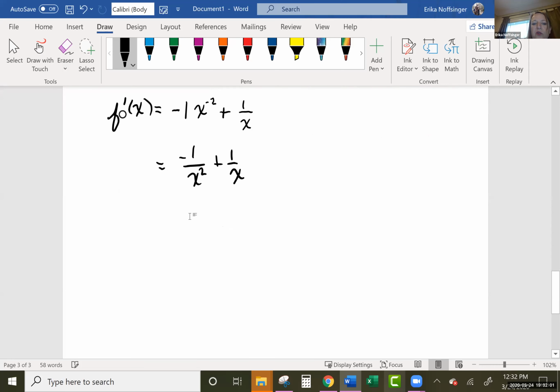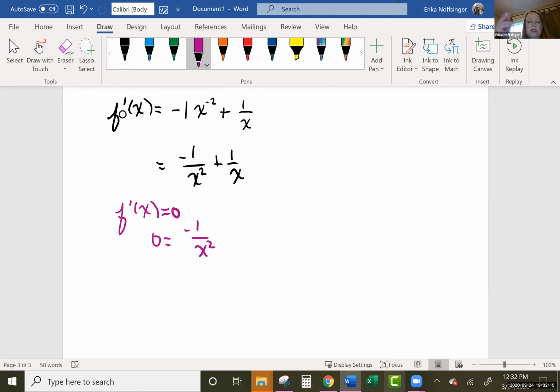And so we want to know, when is f prime of x equal to 0? In order for me to add those, I could just clear my fractions. We can clear the fractions by multiplying by the least common denominator, which is x squared.